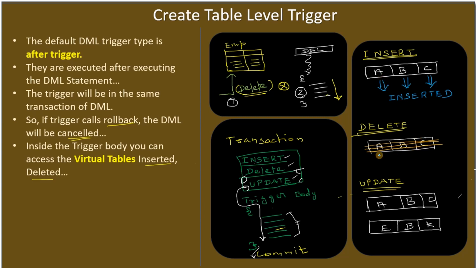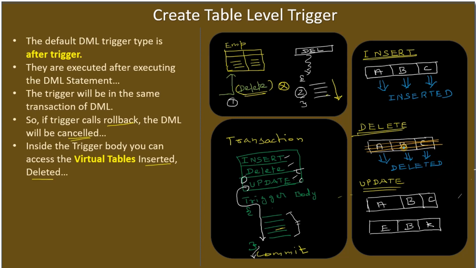And here, if you look inside the trigger body, the row will not exist at all after the delete, right? In the table, it will not be there, but you can refer to the deleted content using the deleted virtual table inside the trigger body.